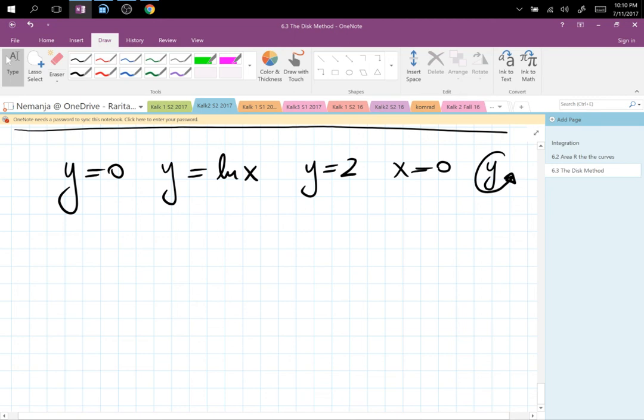How do you get x? You multiply each side by x. Do ln y. e to the x, oh yeah, e to the x. Yep.